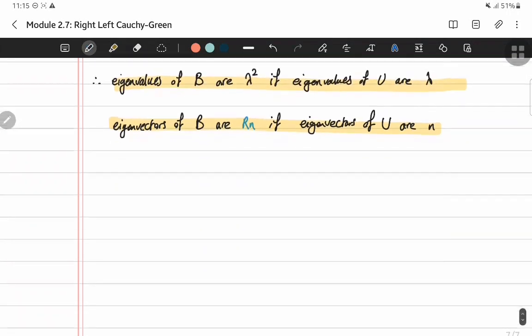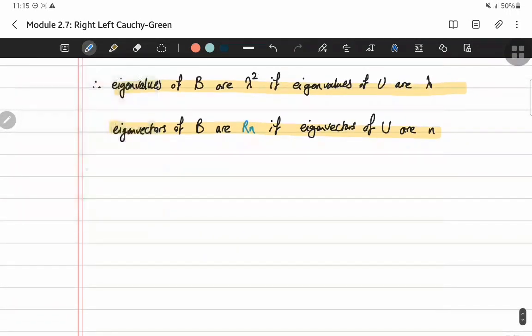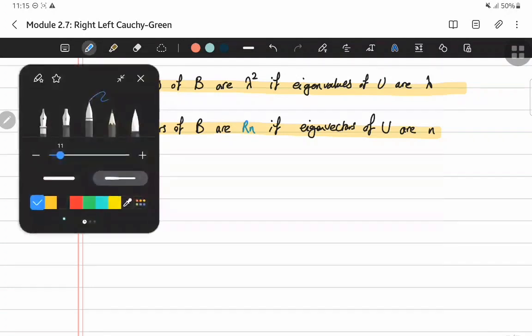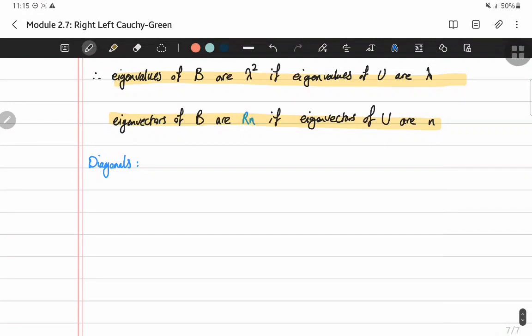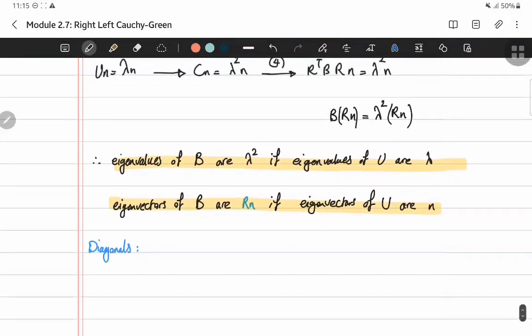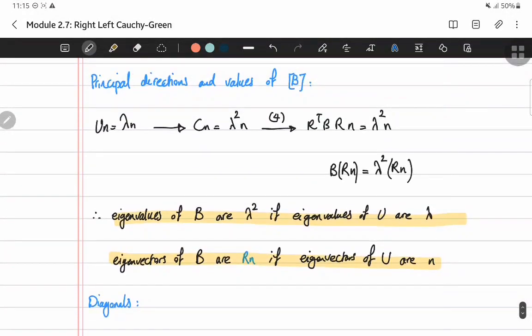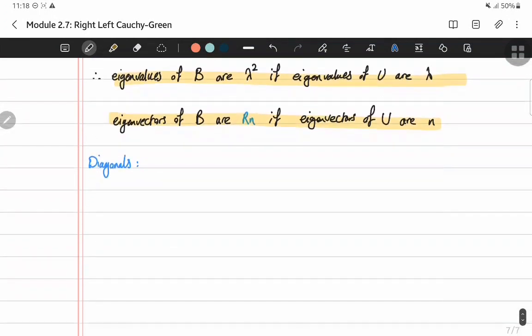So with this in mind, we're going to find the diagonals and then off diagonals of B. All right.